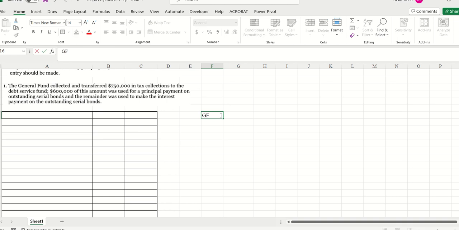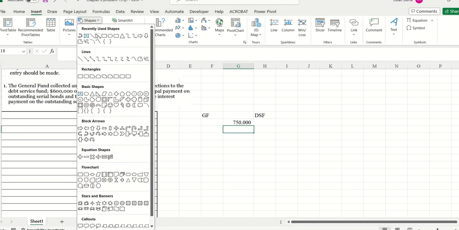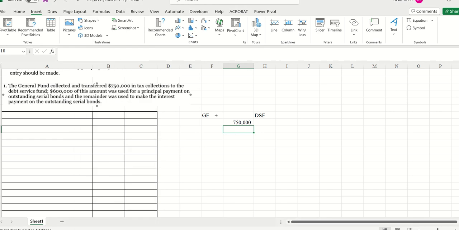So the general fund transferred 750,000 to the debt service fund, to make it a little bit easier to understand. So it went from the general fund to the debt service fund.